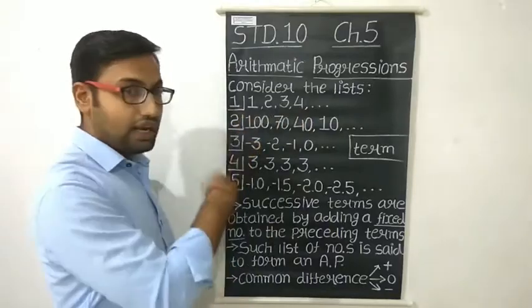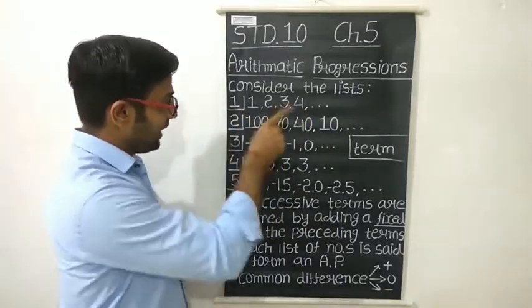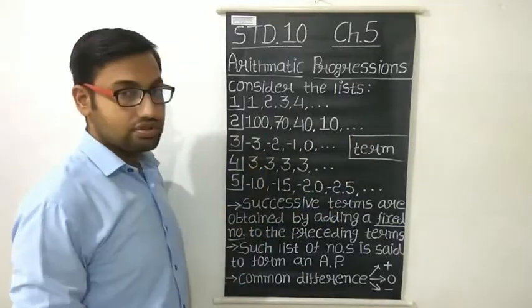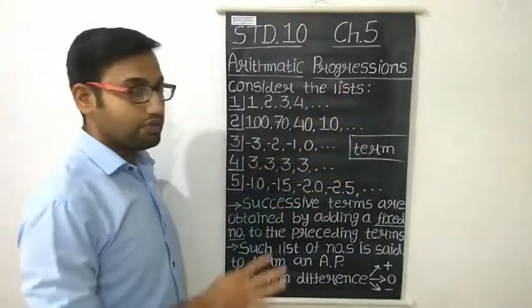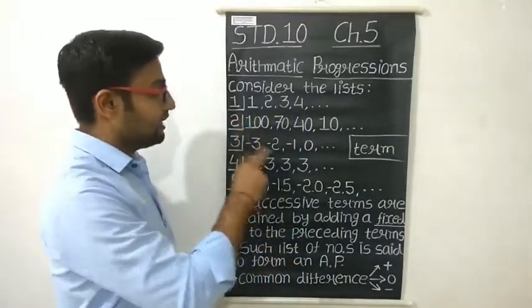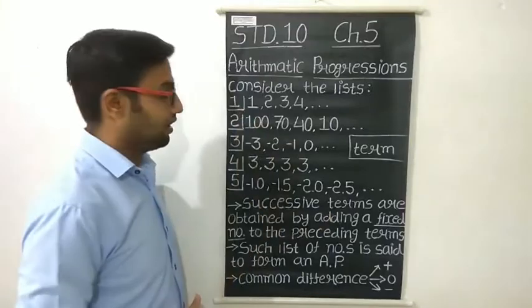We are going to call all the members of any series a term. Like there are 4 terms here, and there are many other terms, but 4 terms till now, and the difference between any two consecutive terms is equal.